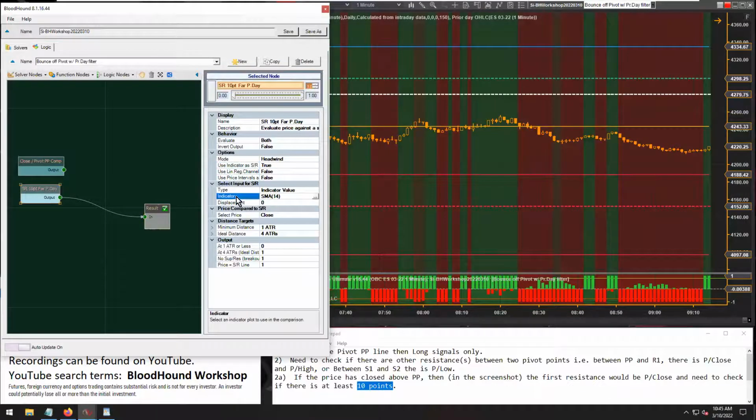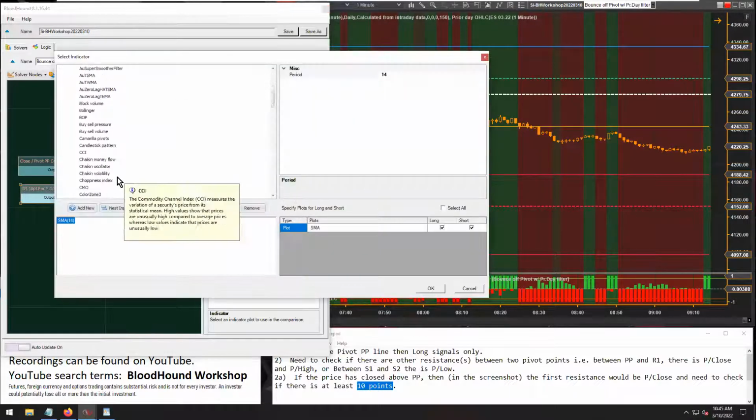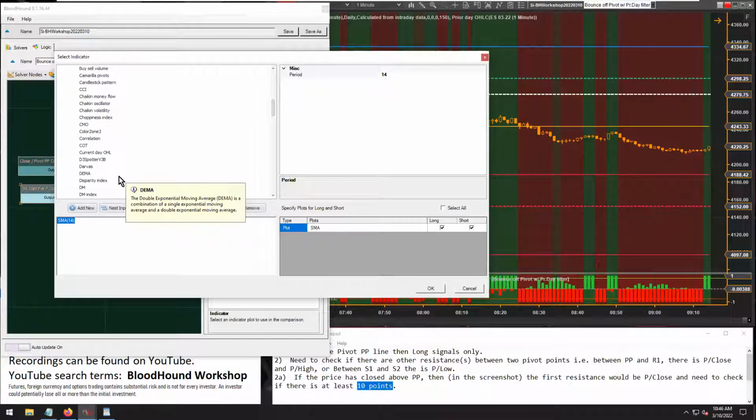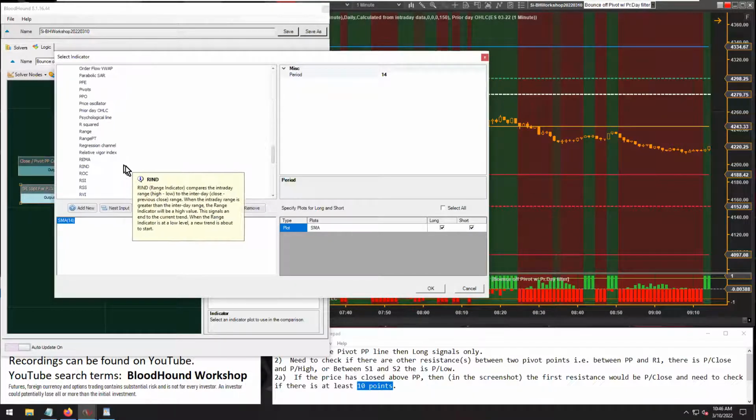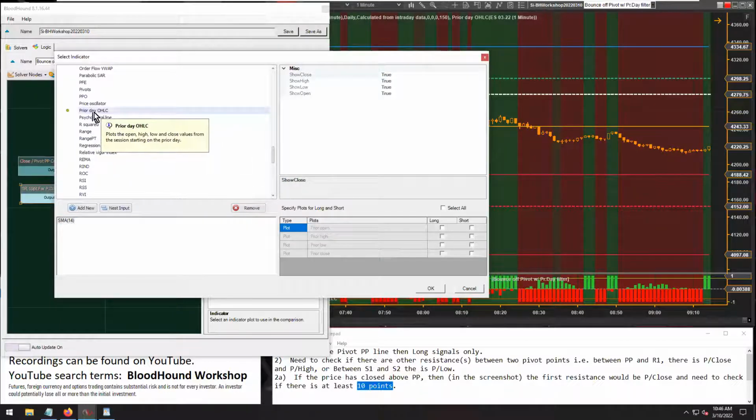And now we can see that the indicator input section opens up here. And so now we can go and plug in the pivots indicator. I'm sorry, the prior day indicator, not the pivots. I'm looking in the wrong section. There we go. There's our prior day. All right, there's the prior day indicator.